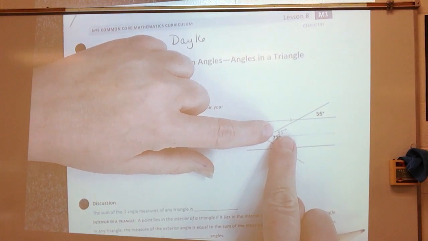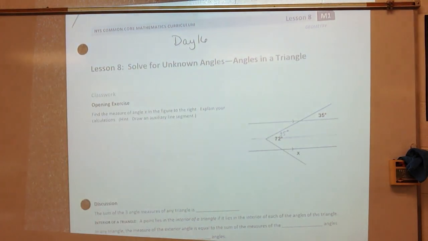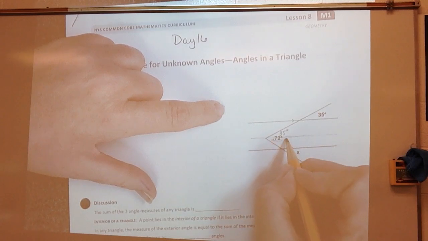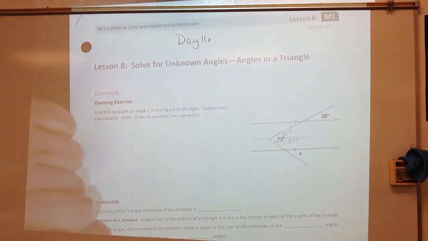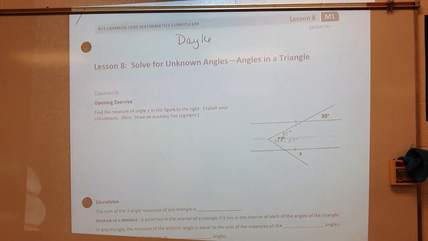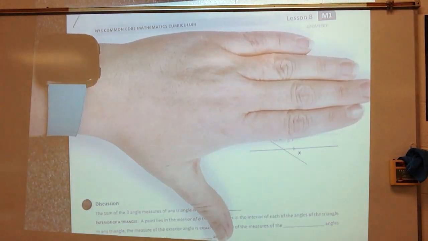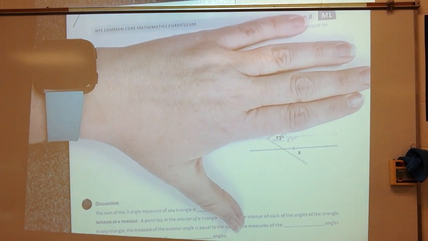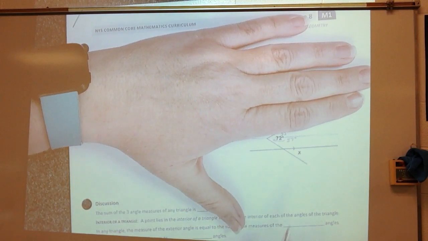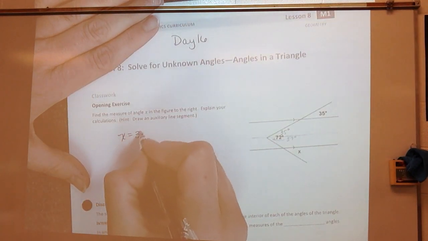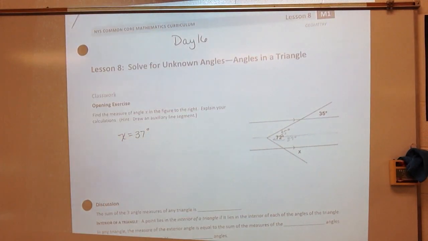So if this is 35 degrees and the whole entire thing is 72, then I know that this angle here must be 37 degrees. And with that being said, looking at the bottom two lines and that transversal, because of corresponding angles, I know that X has to equal 37 degrees.